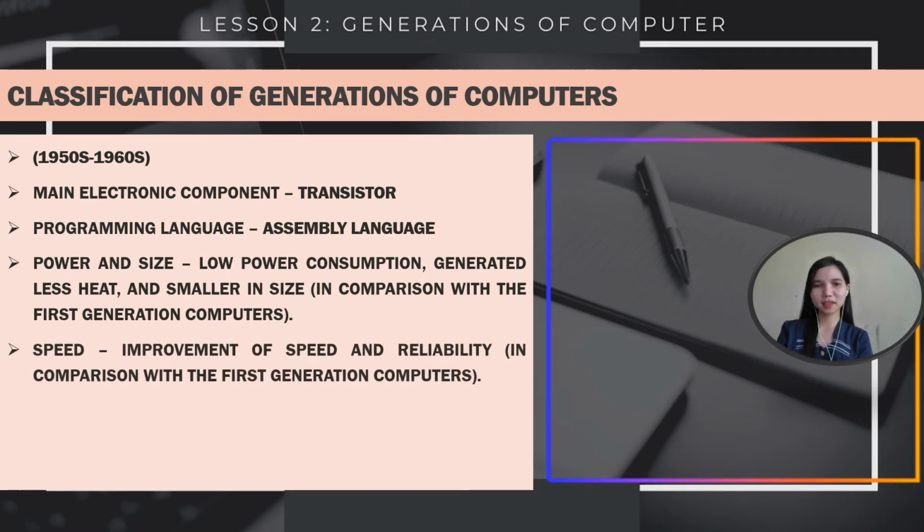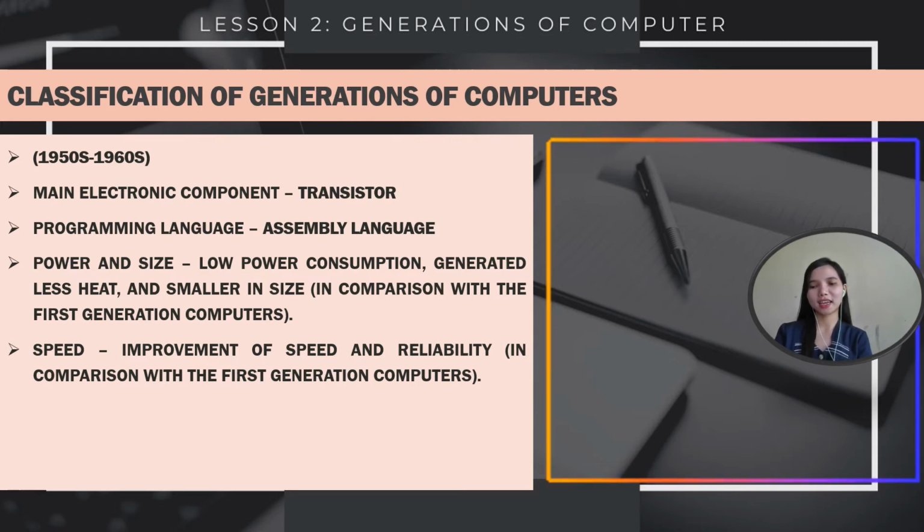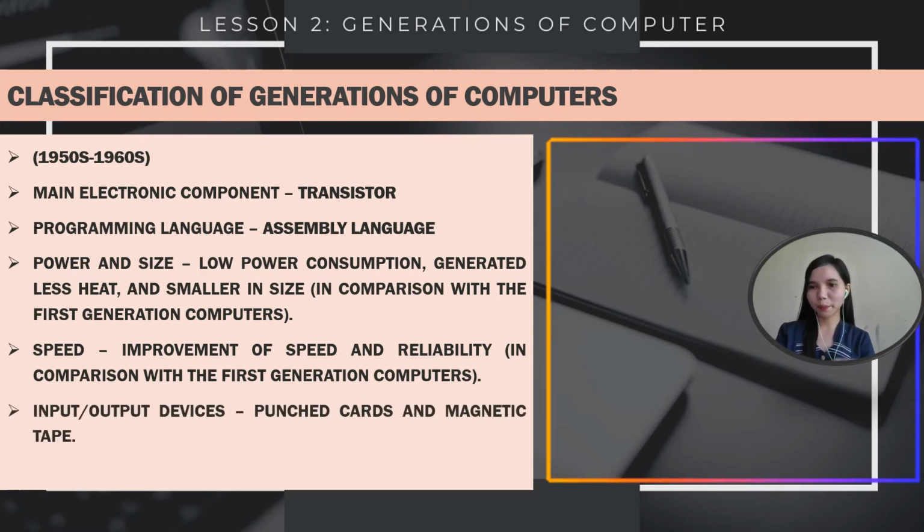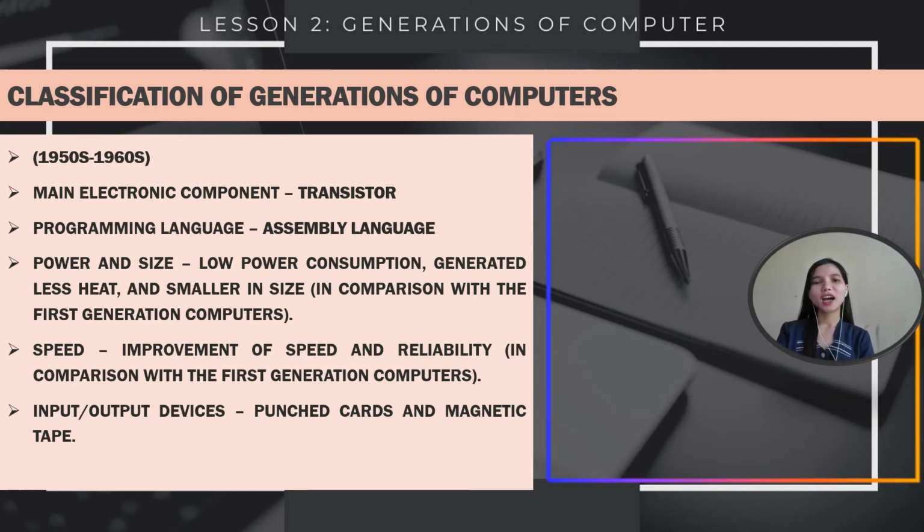And of course, its speed improved, and also the reliability in comparison with the first generation. So when we compare, guys, the second generation improved, of course, it was upgraded. The input and output devices, guys, still use punch cards and magnetic tape.